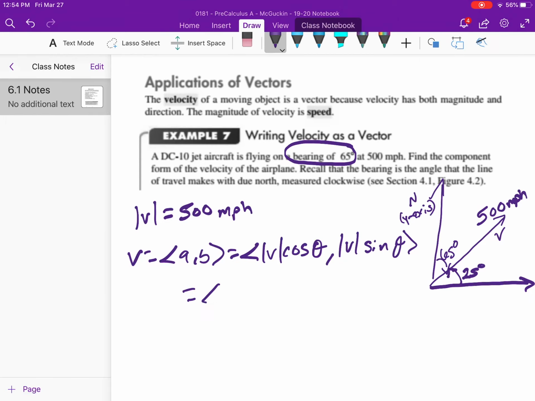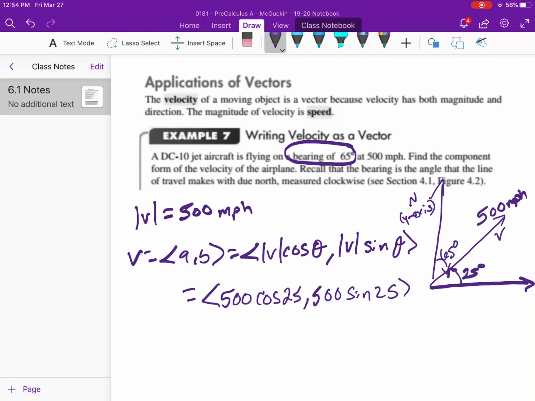So I have the magnitude at 500, and my direction angle, careful, is 25, not the 65, because you're always relating it to the horizontal axis. And then we have 500 times the sine of 25.